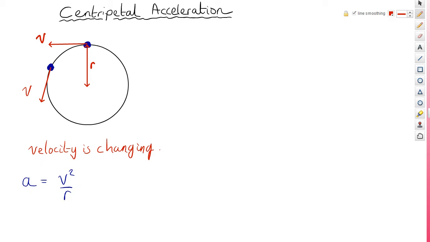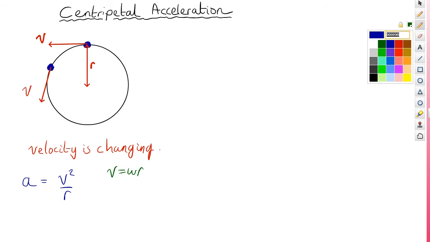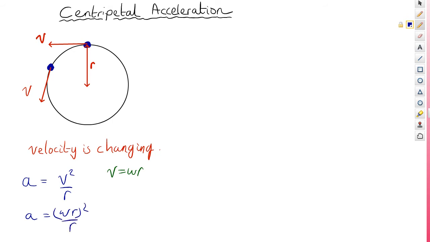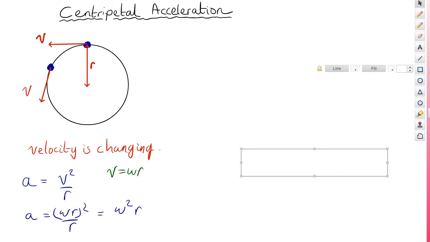But what we can see is that because v equals omega r, as we also found in the last video, then we can rewrite the acceleration in terms of omega. So we would have omega r squared divided by r, because v equals omega r, which simplifies to omega squared r. So we've got two possible expressions there for the centripetal acceleration.